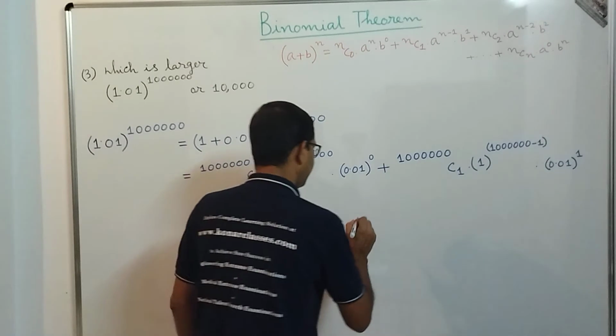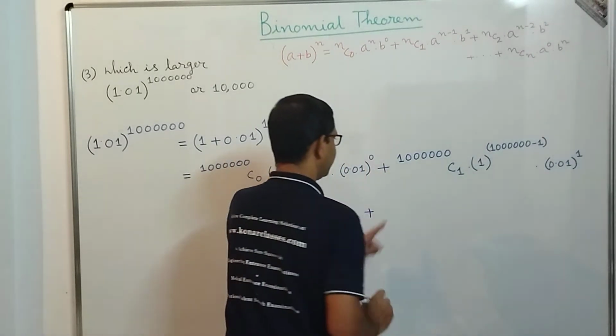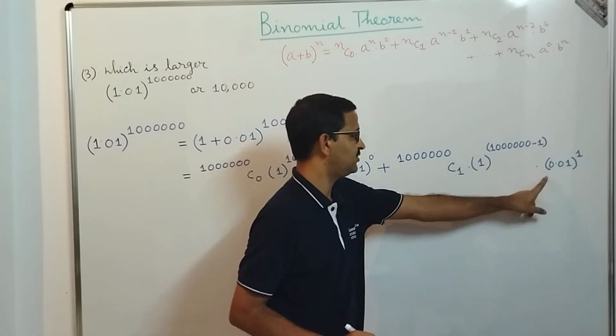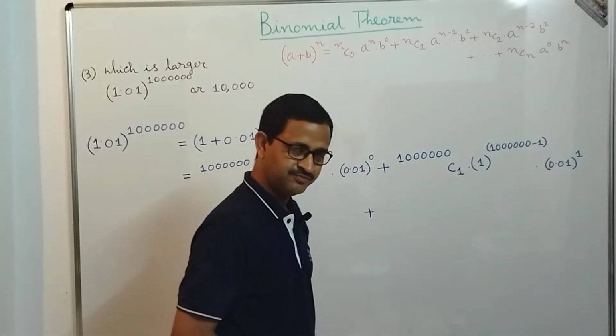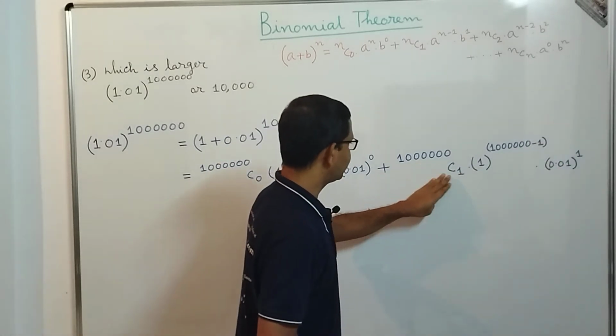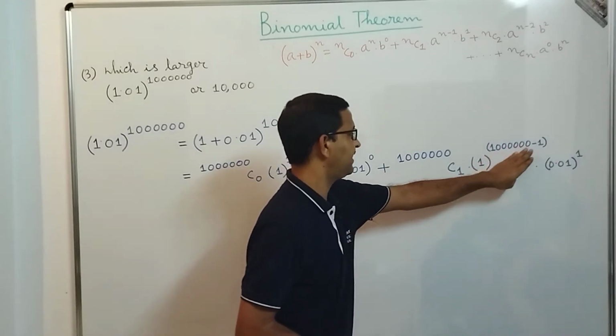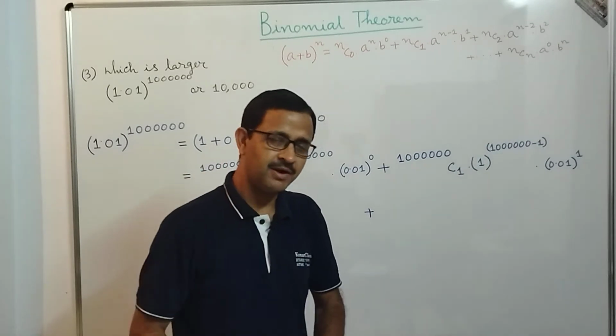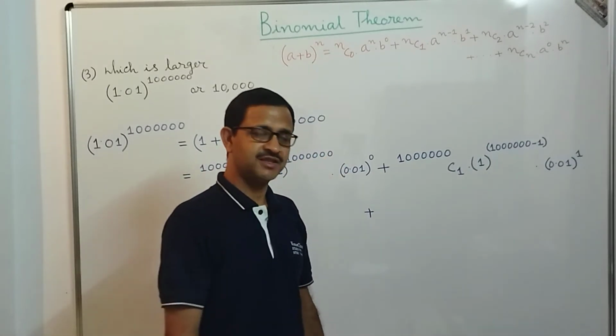The next term will be what? 10 lakh C2 into 1 to the power 10 lakh minus 2 into 0.01 power 2. Next term will be 10 lakh C3, 1 to the power 10 lakh minus 3 into 0.01 power 3, and continue. But we are not going to expand it like this.